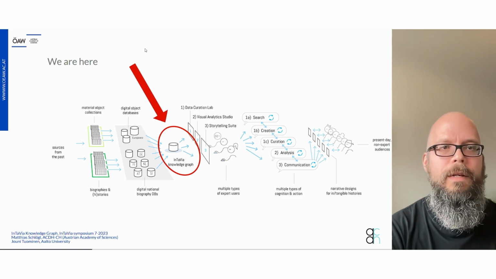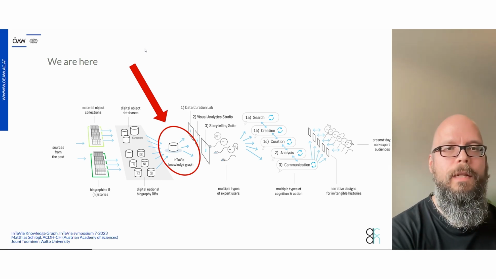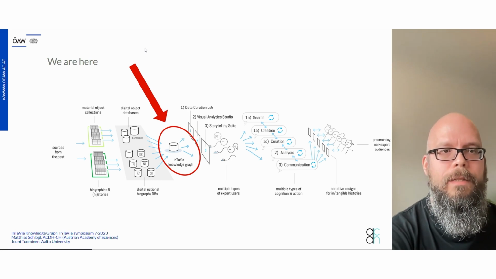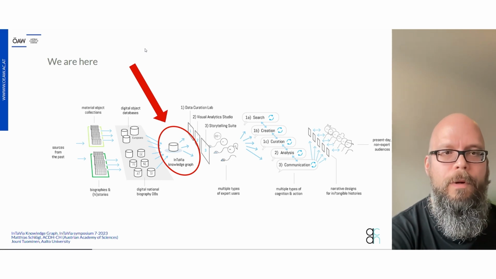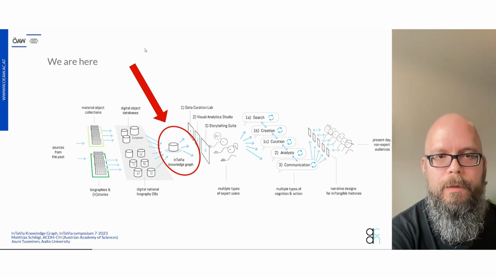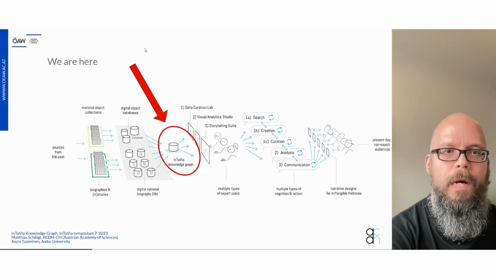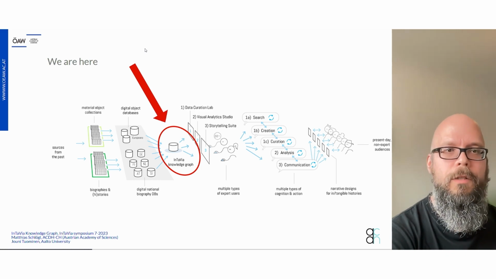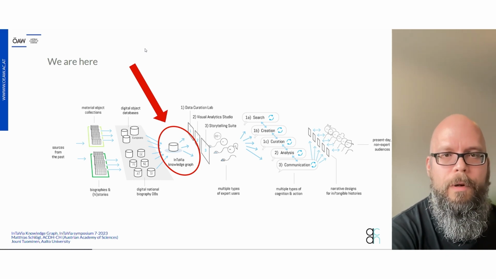So in this presentation we are looking at the InTaVia knowledge graph, which will be accessed by different front-end components or user interfaces, which are tailored for expert users and also for the general public who want to access this cultural heritage data. And during the day, you will hear more presentations on the actual user interface components.